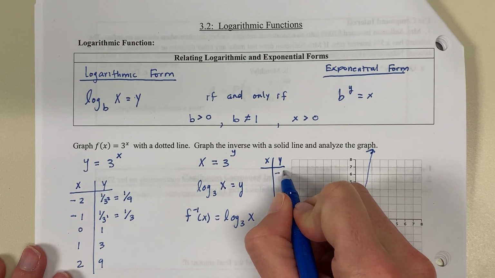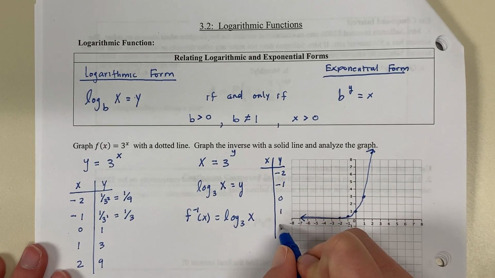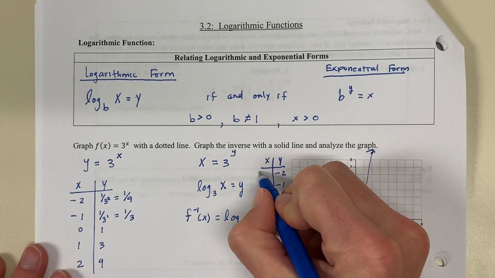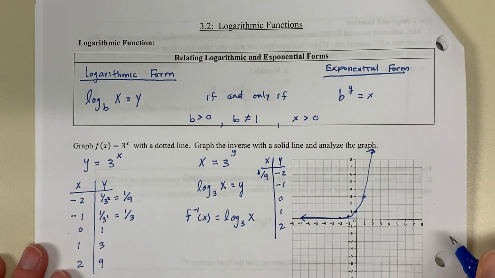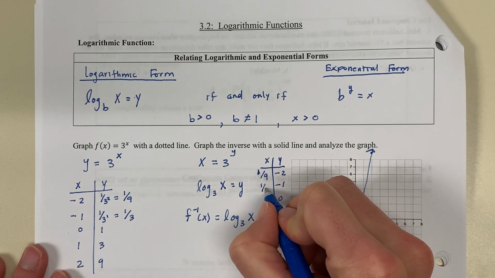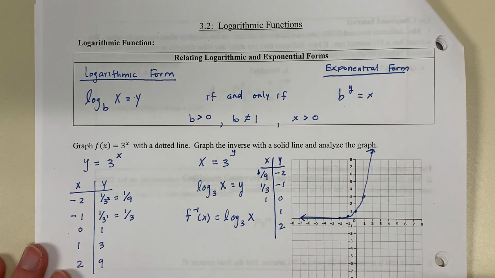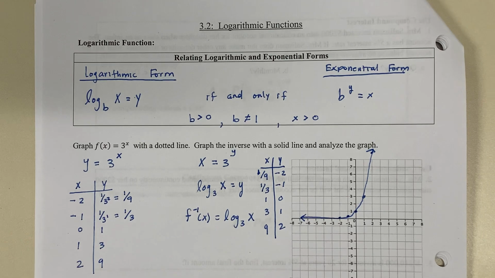So for y, I'm going to choose -2, -1, 0, 1, and 2. When I plug those in, I get positive 1/9 for x. When I plug in -1, I get 1/3. 3 to the 0 power is 1. 3 to the first power is 3. And 3 to the second power is 9.